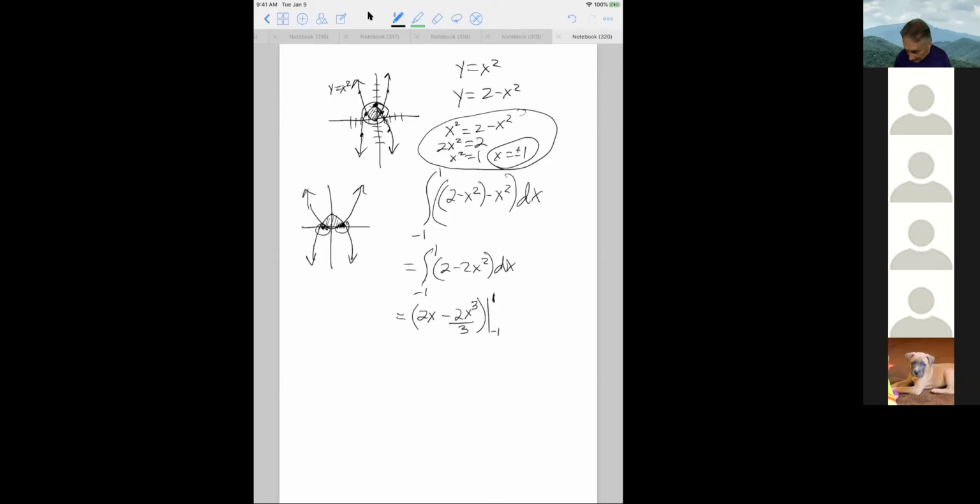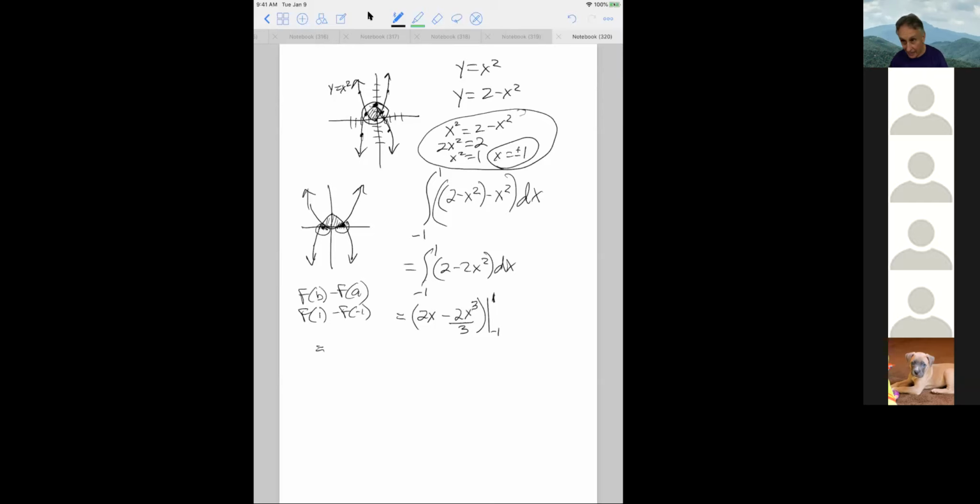So now we have to plug in b first, right? And that gives us, I need cap F of b minus cap F of a. So that is cap F of 1 minus cap F of minus 1. And again, you guys, we have to subtract. There's a minus sign in that cap F, and there's a minus sign in a.